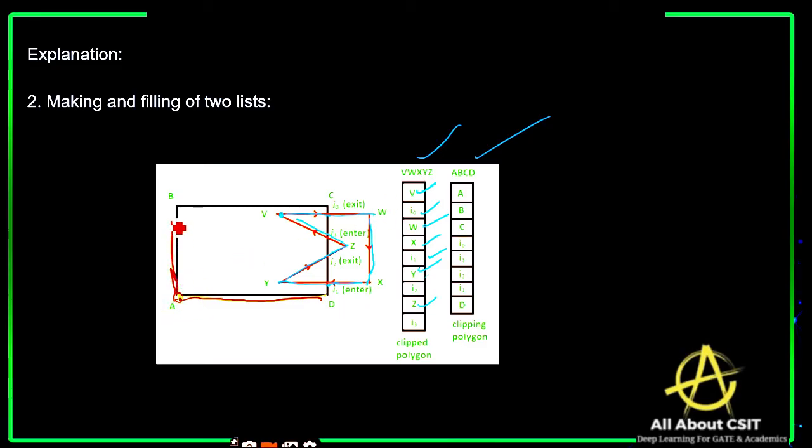So A, B, C, then the first intersection point is I0. I'm just working on the clipping polygon, the ABCD window. After I0 is I3, then I2, then I1, and then D. See here: A, B, C, I0, I3, I2, I1, D. So this is the clipped polygon list and this is the clipping polygon list.